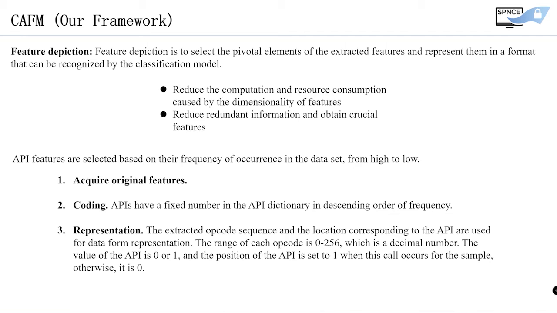The extracted opcode sequence and the location corresponding to the API are used for data form representation. The range of each opcode is 0 to 256, which is a decimal number. The value of the API is 0 or 1, and the position of the API is set to 1 when this call occurs for the sample. Otherwise, it is 0.